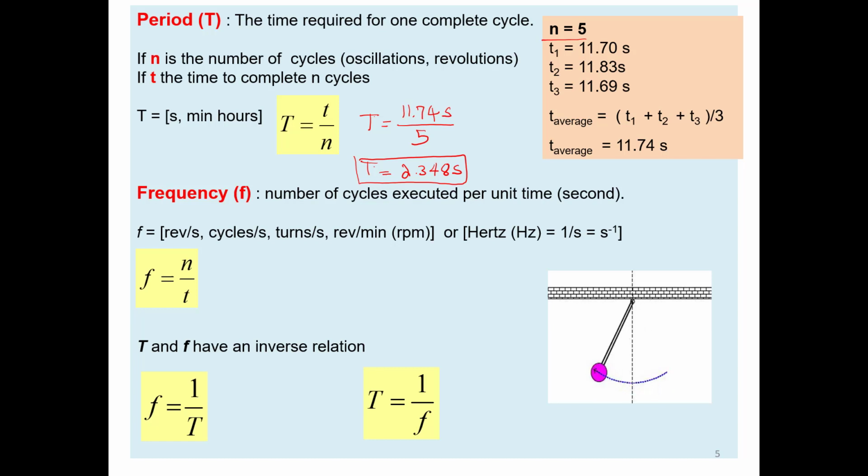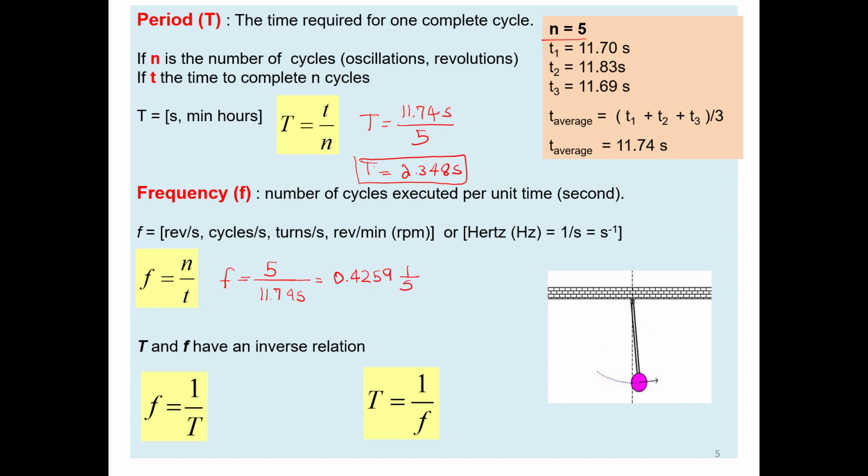Now let's calculate the frequency for this pendulum. We know the number of cycles, n, equals 5, and the time for 5 cycles is 11.74 seconds. If we divide these two numbers, we get 0.4259 1/second.